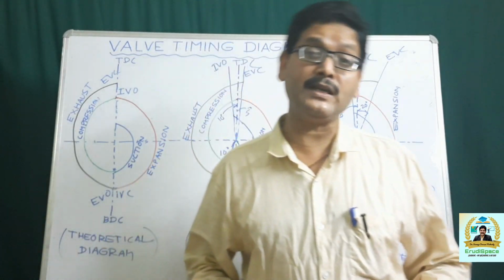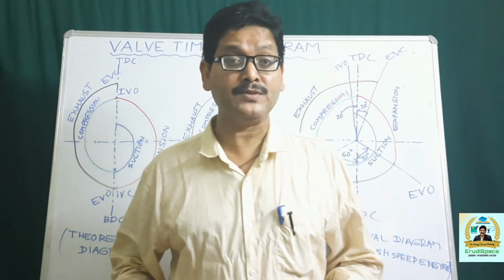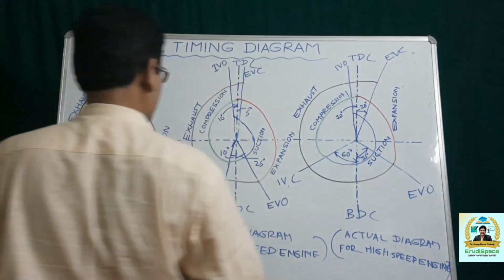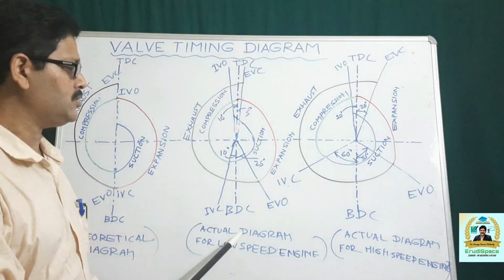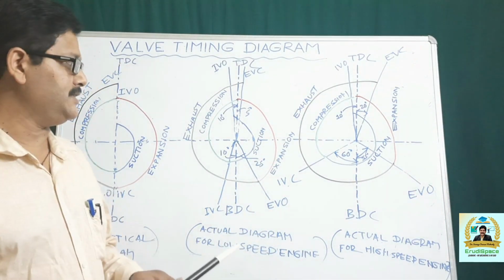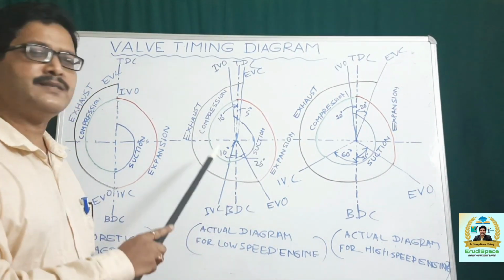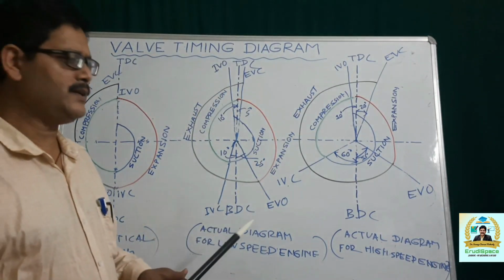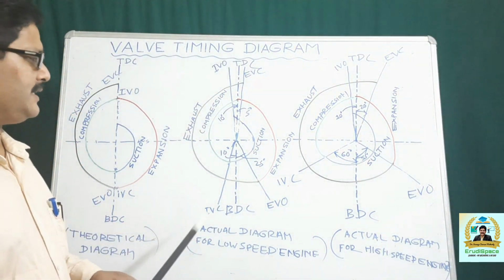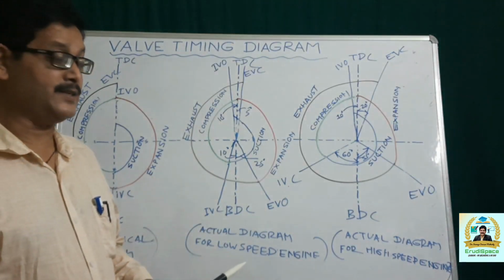But in actual case, this never happens. You can see the actual valve timing diagram of both the low speed as well as the high speed engine. In this case, you can see that the valves are always opened before the dead center and they are closed after the dead center.